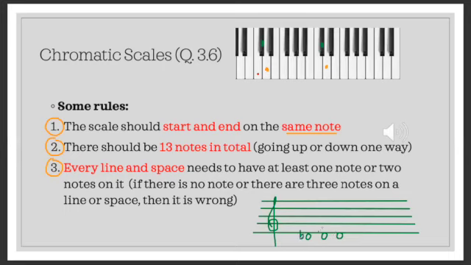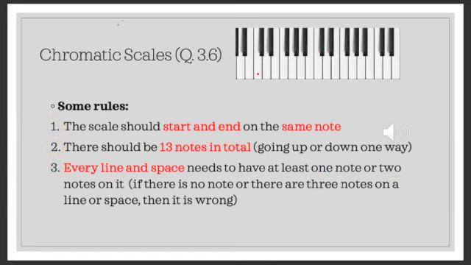So that cannot be a D flat, D natural, and then D sharp. Grammatically speaking and theoretically speaking, that would be incorrect, even if the pitches are okay and technically chromatic. So every line and space needs to have at least 1 or 2. No more, no less.